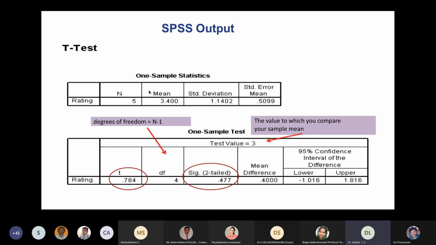Take a simple example: in a class, two students are there, A and B. Let's take A scored 100 and B scored 0. Another class has student C who scored 50 and student D who scored 50.